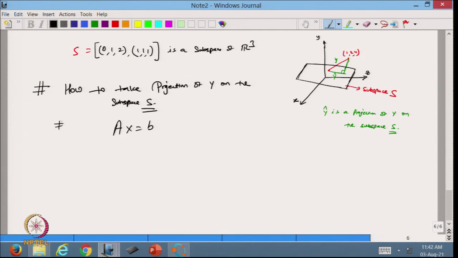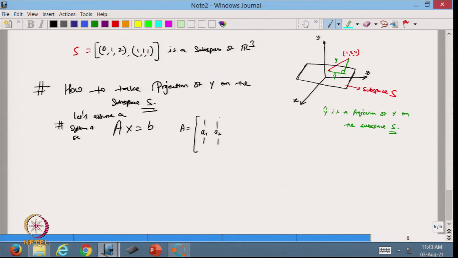Here we are going to assume a system of equations Ax is equal to b, where A has 2 columns only, A1 and A2.